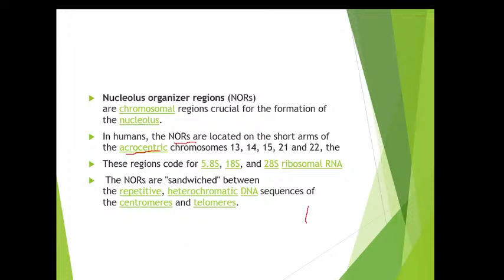Almost this will be the region of the NORs, or nucleolar organizer regions. The part of the chromosome which is responsible for the organization of the nucleolus is called the NORs. They are located in chromosomes 13, 14, 15, 21 and 22.